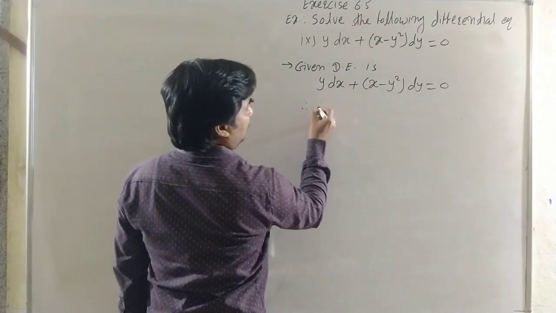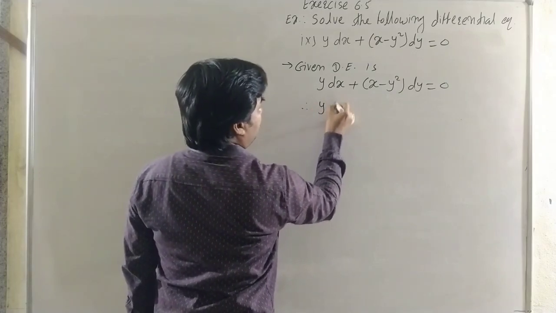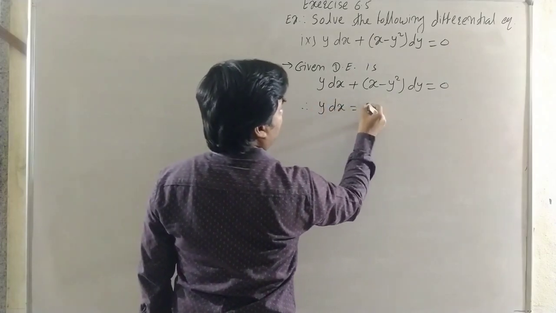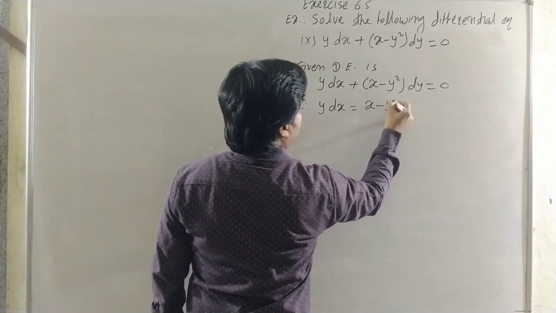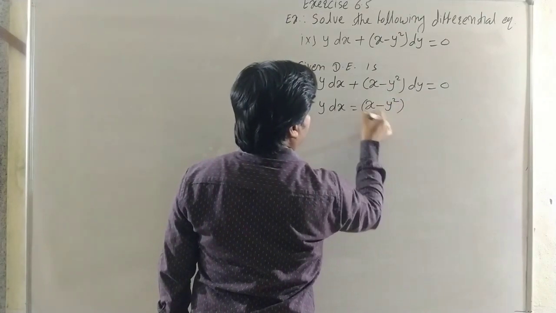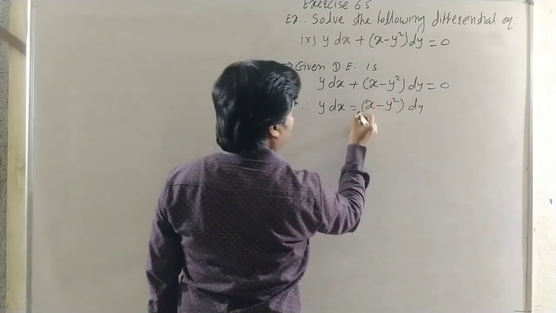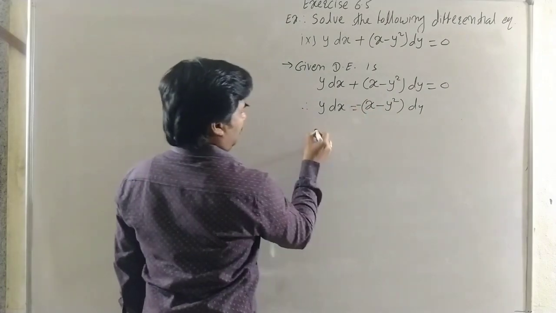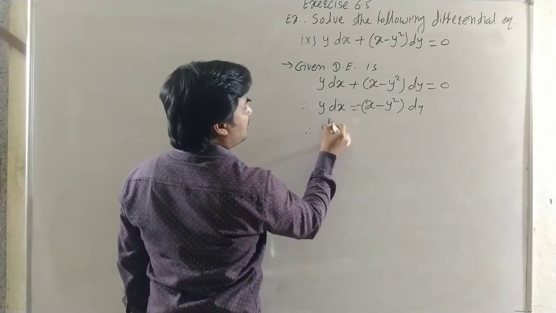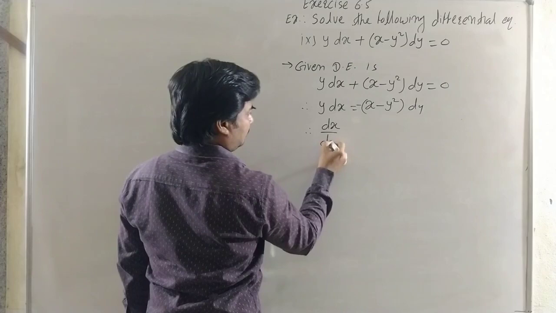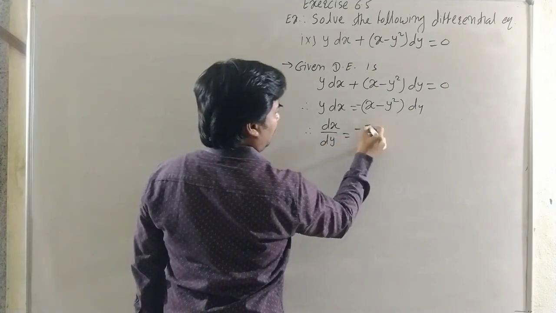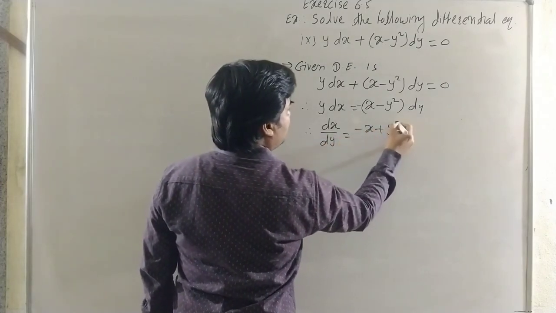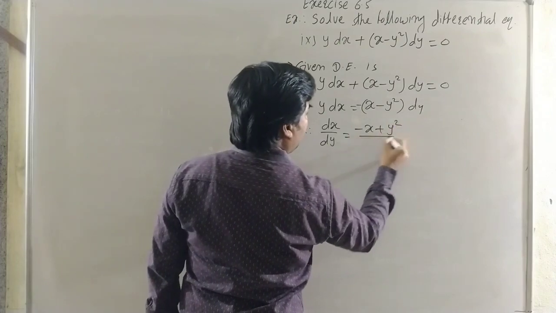Now I can write y dx is equal to minus x plus y squared dy. Now dx by dy is equal to minus x plus y squared upon y.